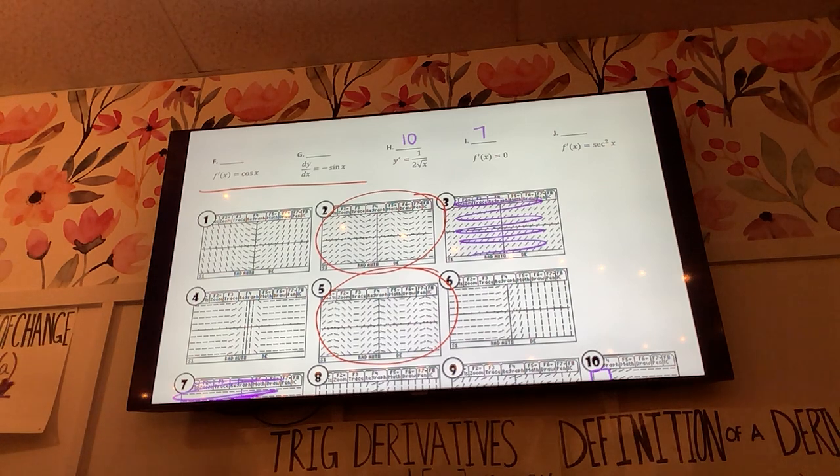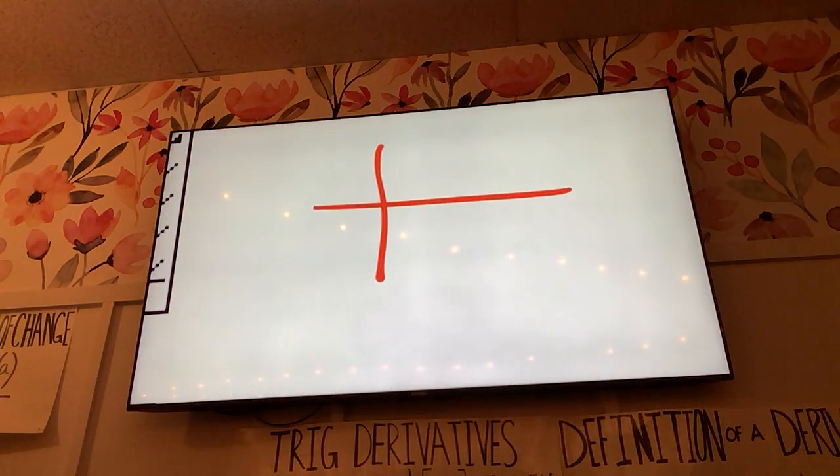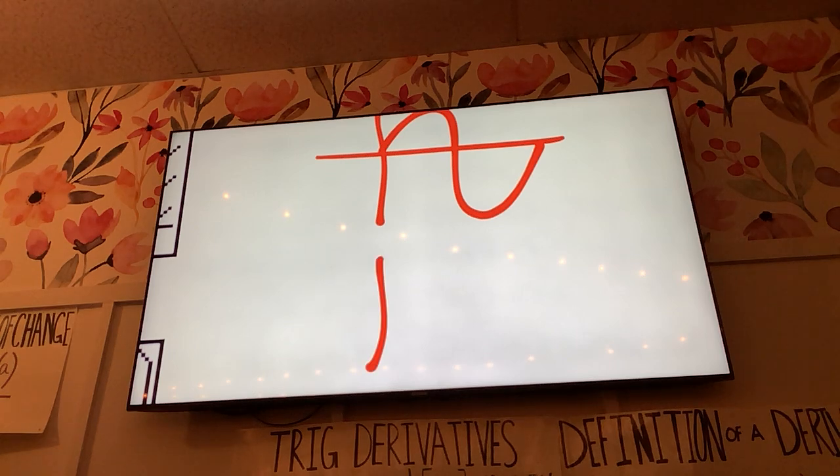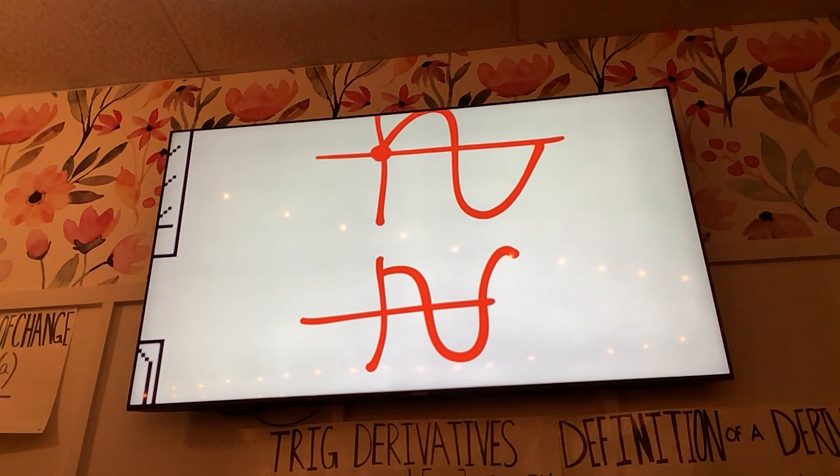Do y'all remember? Sine goes through the origin, cosine makes the bowl shape at the top. The way I remember it, sine makes the S, cosine makes the bowl. So sine starts at the origin, cosine starts at the top.